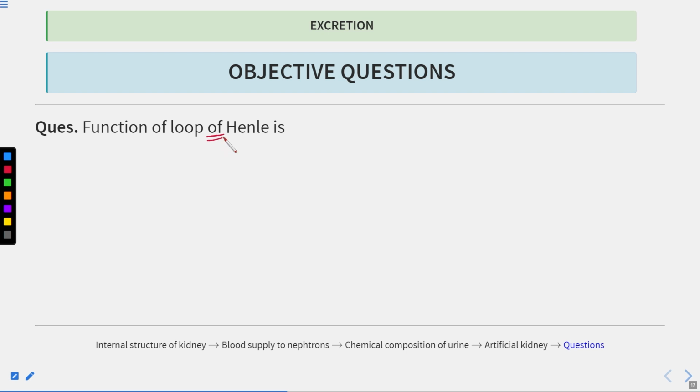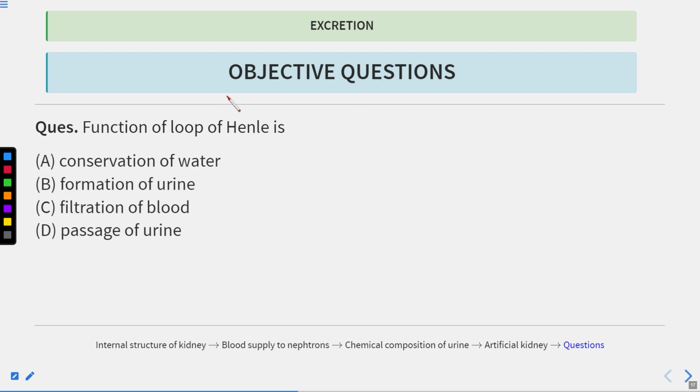So loop of Henle, this is a part of what? This is a part of the nephrons which are present in the kidney. Parts of the nephrons were Bowman's capsule, then proximal convoluted tubule, which leads into loop of Henle, and then loop of Henle leads into the distal convoluted tubule, and distal convoluted tubule then finally drains all the contents into the collecting duct.